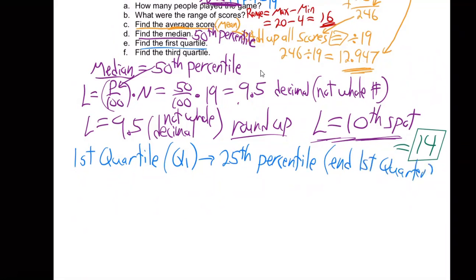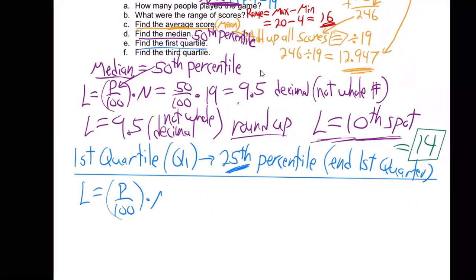If you're watching a football game or basketball game and you're at the end of the first quarter, you know that means you are 25% of the way through the game. So you use the same formula. L is P over 100 times N. So that's 25 over 100 times N. N is still 19, the total number of data values.